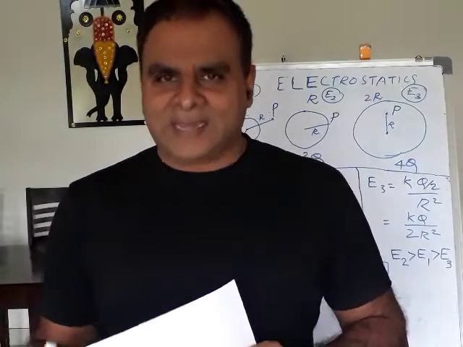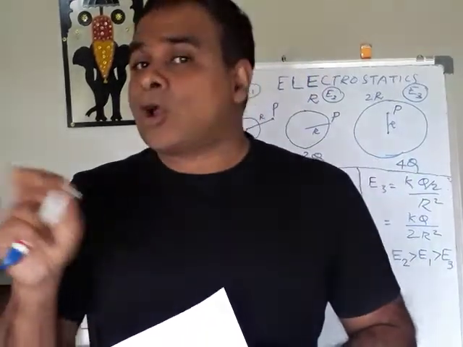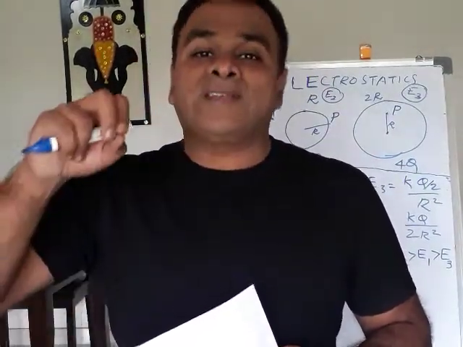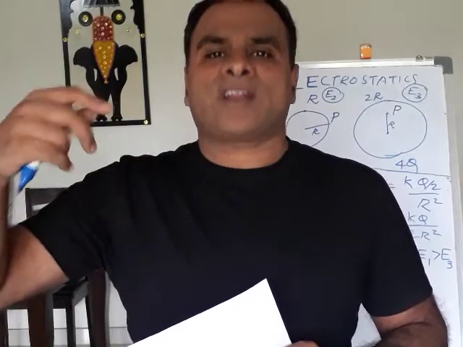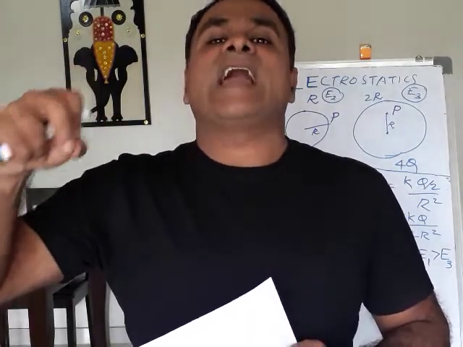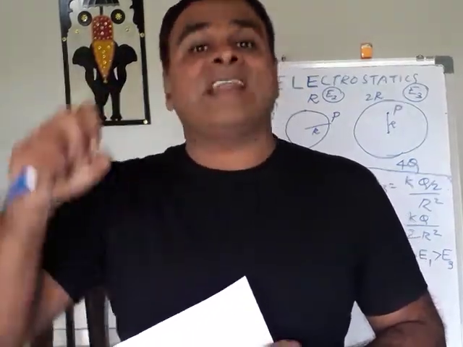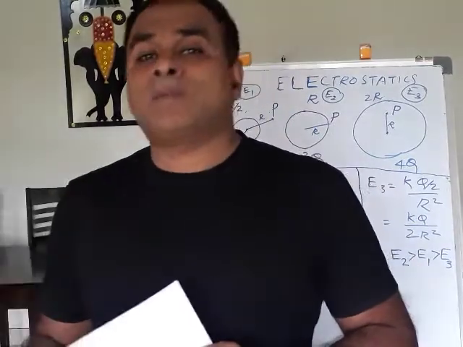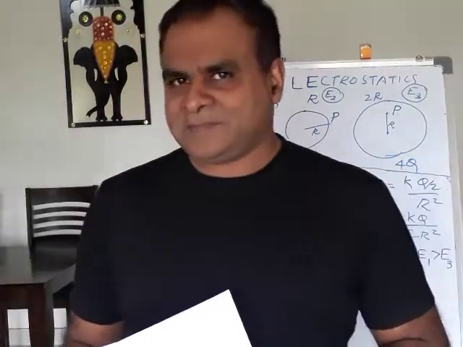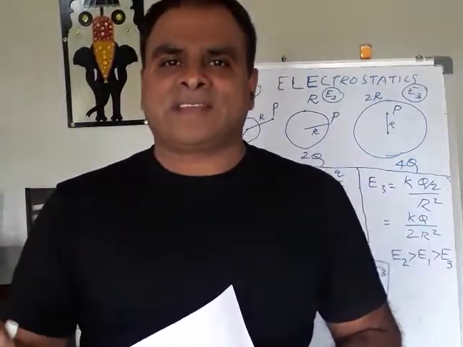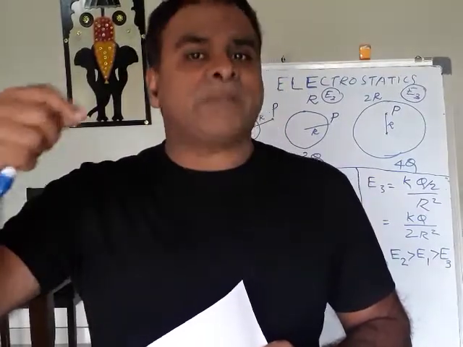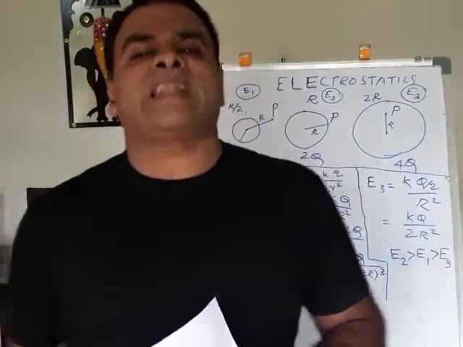Once again I am repeating, dielectrics are insulators, not conductors. So they will get polarized. The charge in the dielectric will get polarized when you apply an electric field. The third point is the polarization happens against the applied electric field.